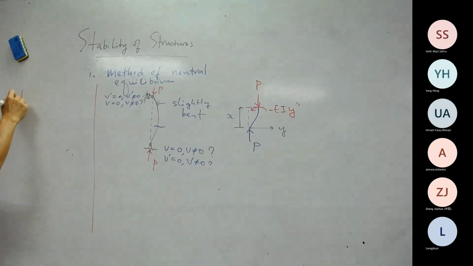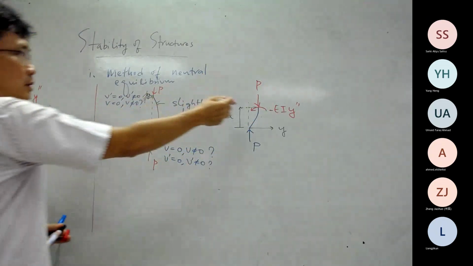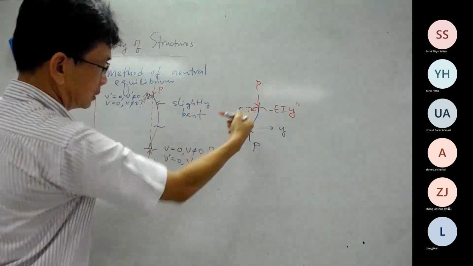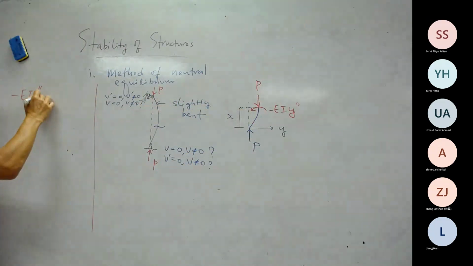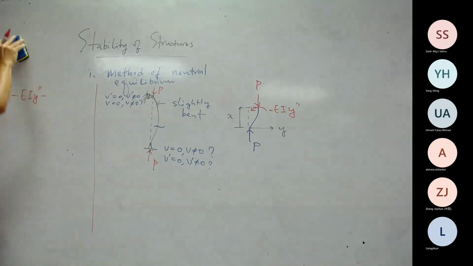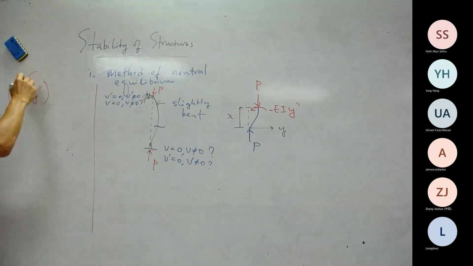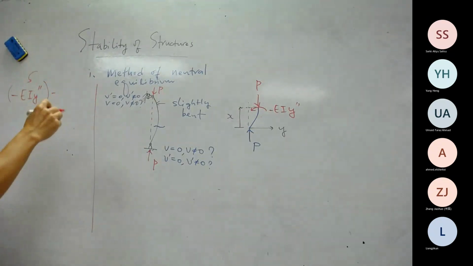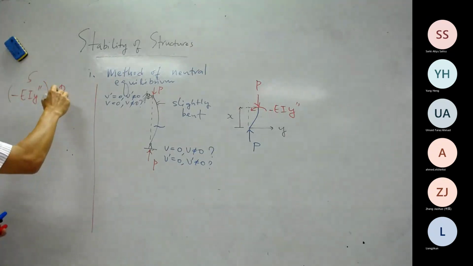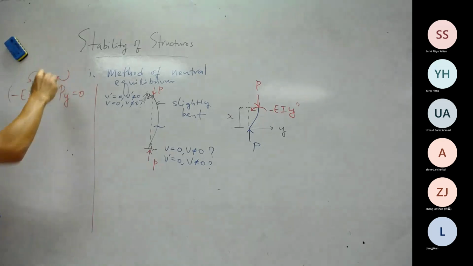So we will have moment negative EI y double prime. This is in this direction and that one is negative. Then you have another one, which is P y, because this is in the opposite direction.